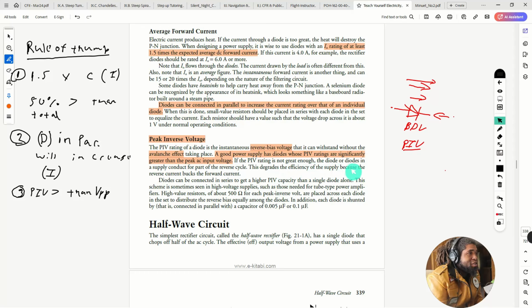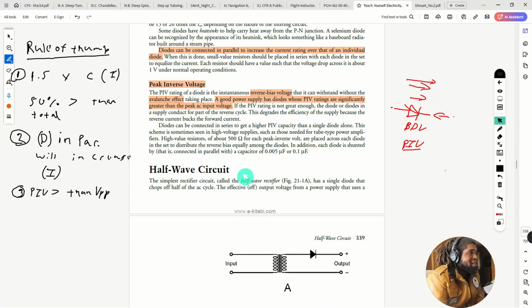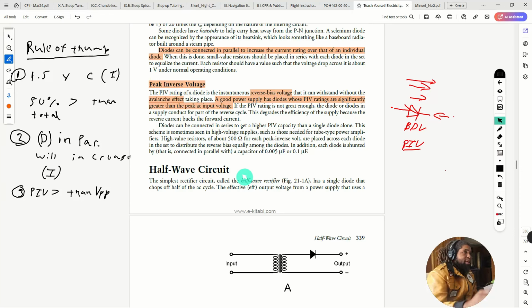This degrades the efficiency of the power supply because the reverse current bucks the forward current. Okay. Diodes can be connected in series to get a higher PIV capacity than a single diode. Another point we might want to keep in mind.